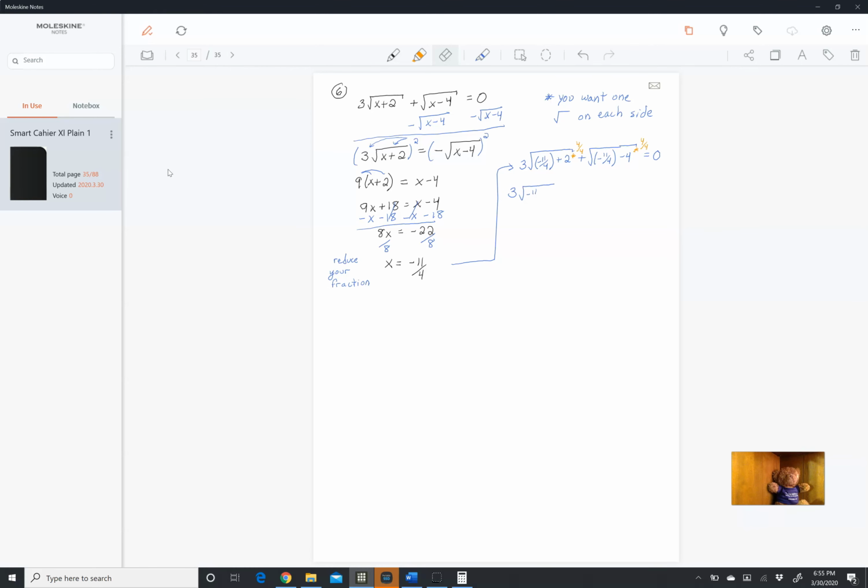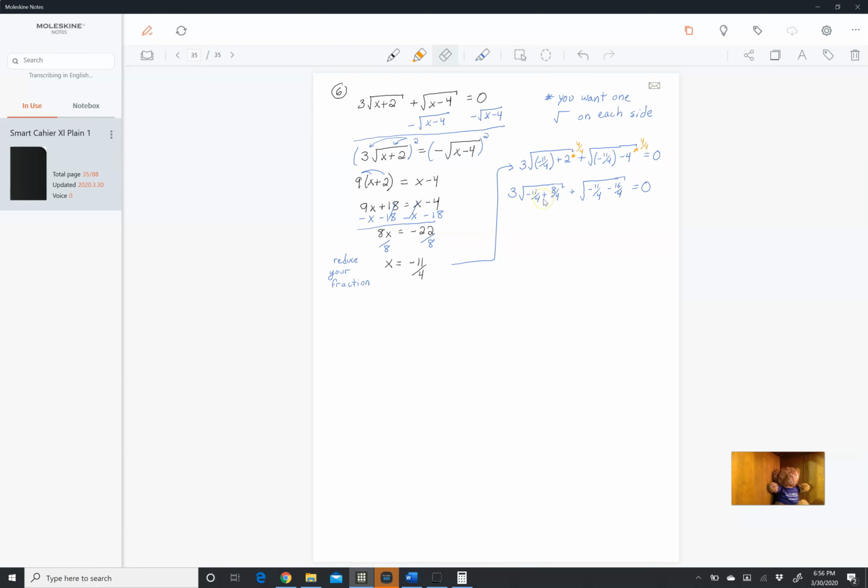So we have negative 11 over 4 plus 8 over 4 under here, and then under here we have negative 11 over 4 minus 16 over 4. And you can see 8 over 4 is 2. 16 over 4 is 4. Okay? So that should be the case. That's what you should be seeing.